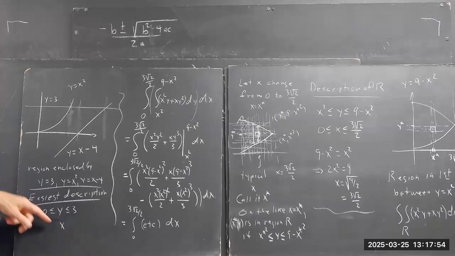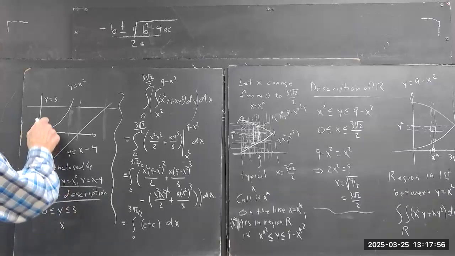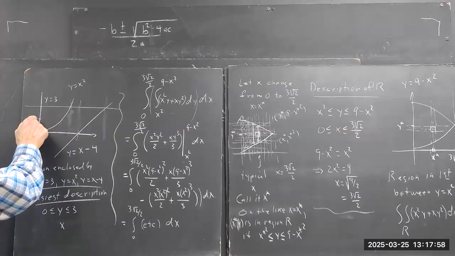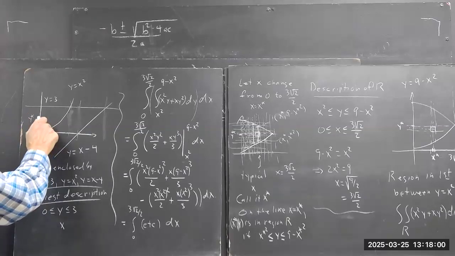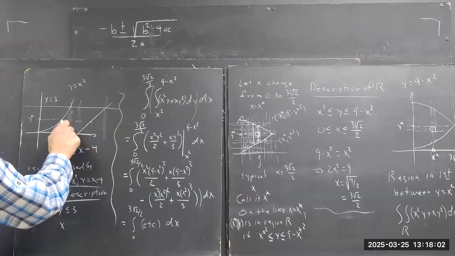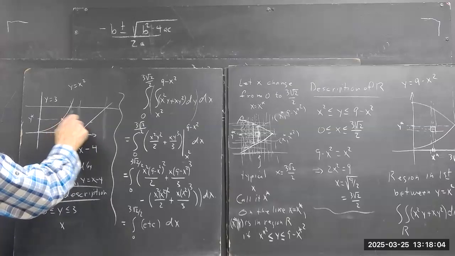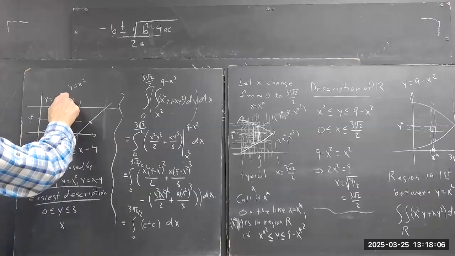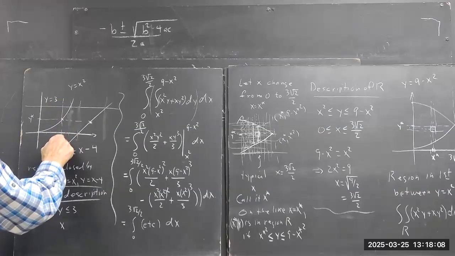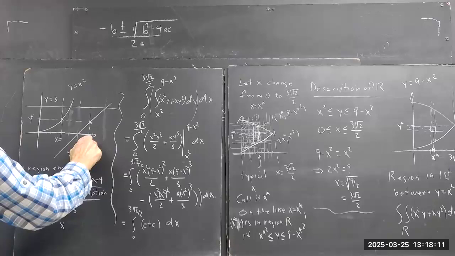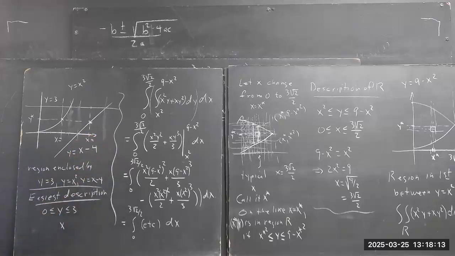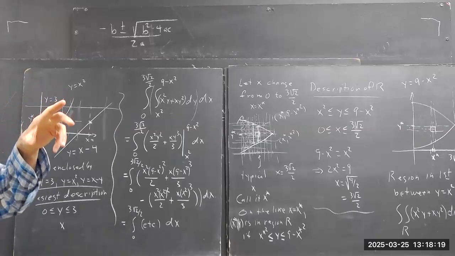What are the inequalities that describe x? Here's a typical y. I'll have a y star. That's a typical y. What is x equal here? And what's x equal here? What's the value of x in this line if the y coordinate is y star?